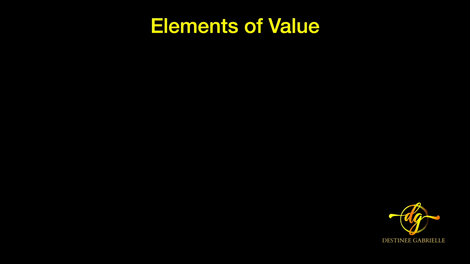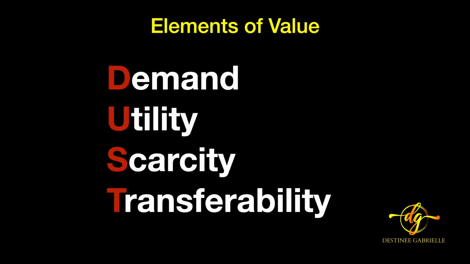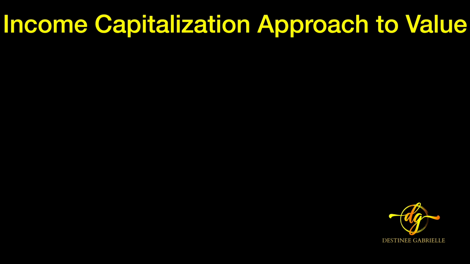Okay, next thing, let's talk about elements of value. We've got demand, utility, scarcity, and transferability. That spells out DUST. All right, the next one, income capitalization approach to value.